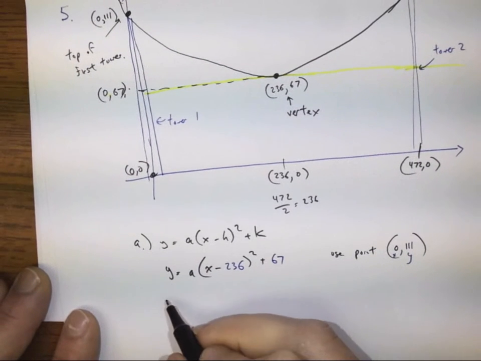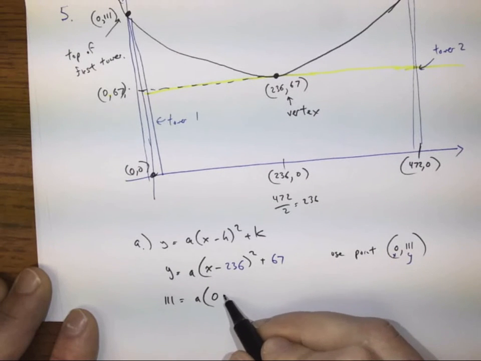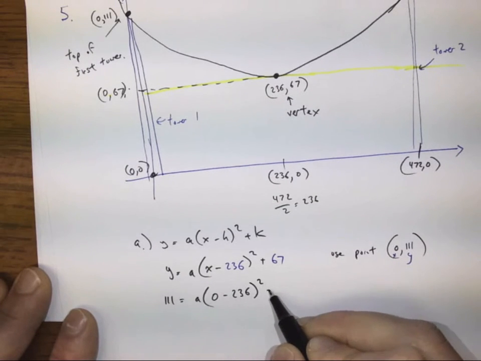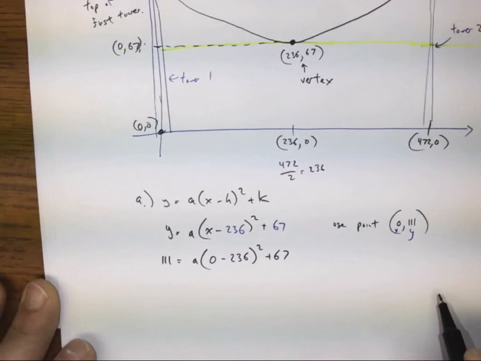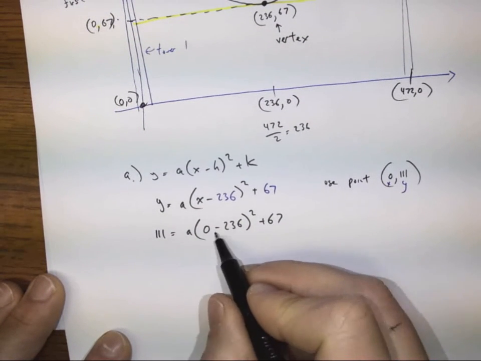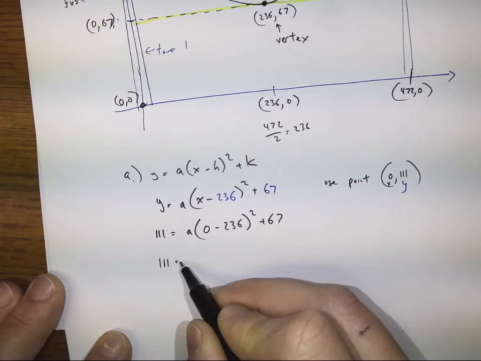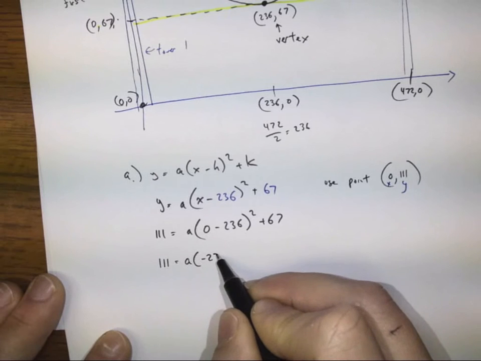So I'm going to put my y value of 111 as equal to a, my x value is 0, take away 236 squared plus 67. Okay, so I'll do some simplification here using BEDMAS. First I'll do the brackets. 0 take away 236 is negative 236.